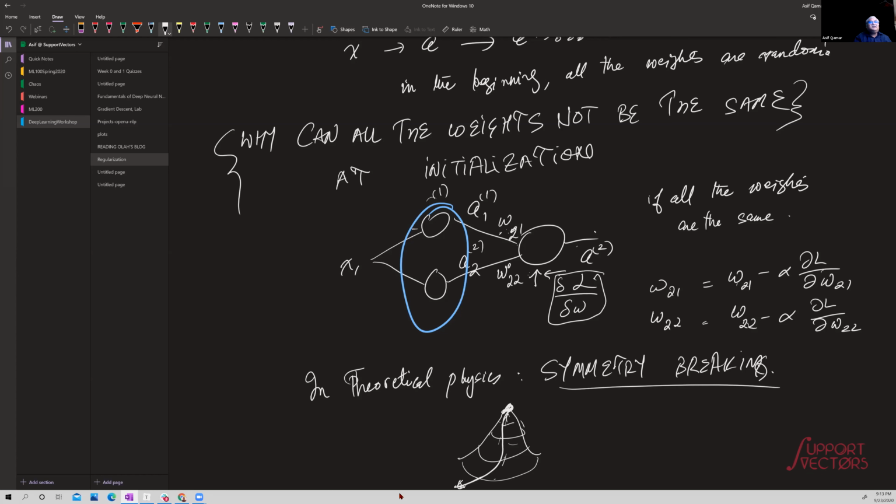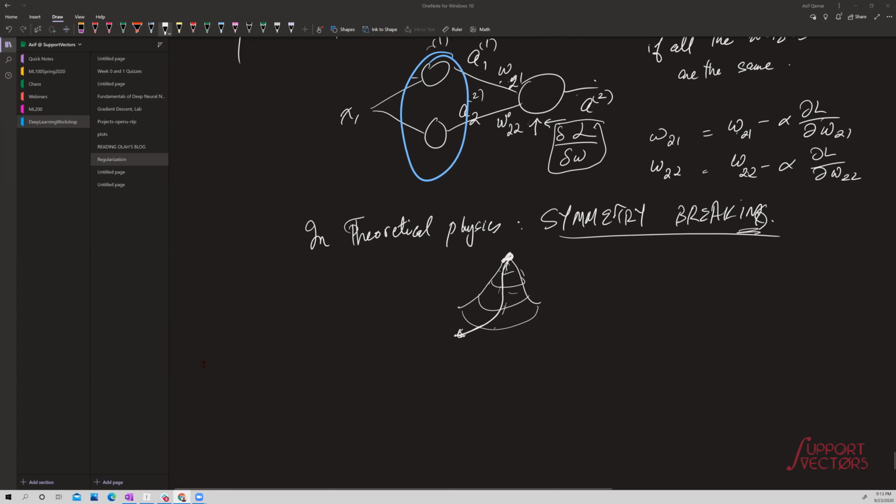We have a theoretical physicist amongst us, Chanda, who will probably give us a better analogy. But okay, the idea is they talk about symmetry breaking. So something that was perfectly symmetrical is not symmetrical anymore. You have chosen. At the mountain peak, it is locally a very stable place.